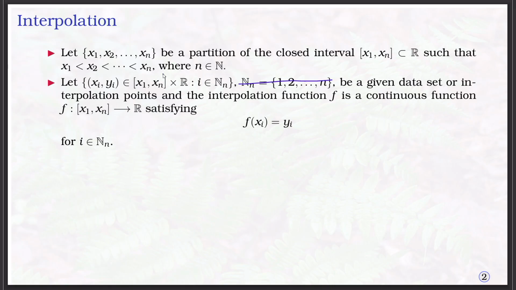Let this data be given. These data points are also called interpolation points, and the interpolation function f is a continuous function f from [x1, xn] to R satisfying f(xi) equal to yi.